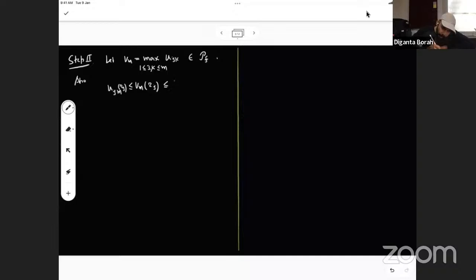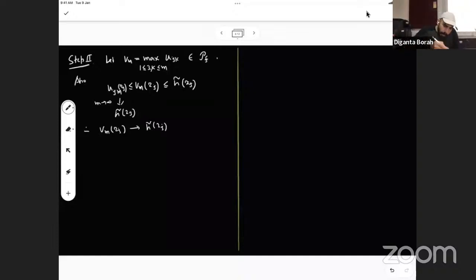Of course, being in the Perron family, this cannot be more than S tilde of z_j, because S tilde is the upper envelope, and this is converging to S tilde, right? So hence this in-between guy also has to converge. Therefore, as m goes to infinity, V_m of z_j converges to S tilde of z_j. So this new sequence of subsolutions will still converge at z_j to S tilde.